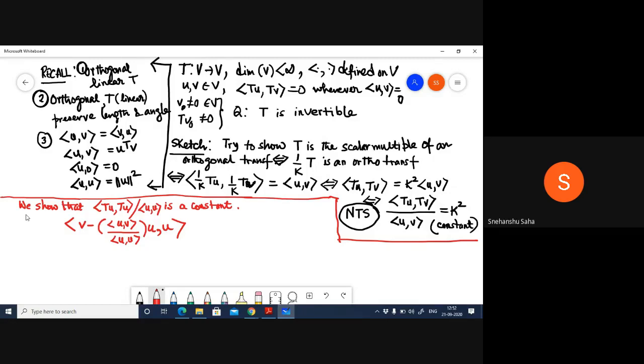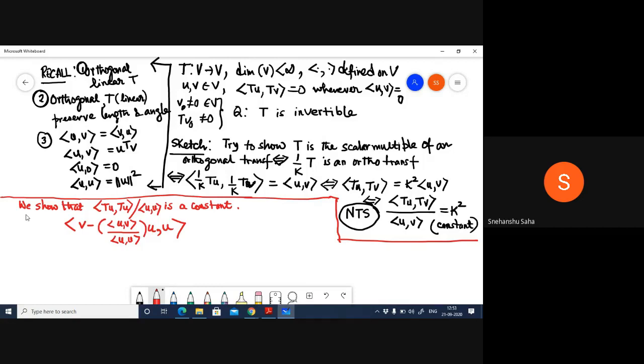I don't want to jump into figuring out what this is, but this is V minus a scalar, which is the inner product of U and V over the inner product of U and U. You realize that this is a scalar, because inner products are always scalars. So what you have written here is V minus some scalar times U, comma U. So you are taking the inner product of V minus some scalar times U, and U. That is what you are doing.